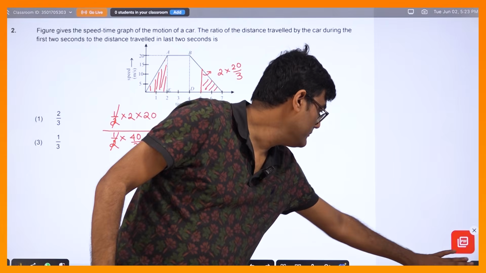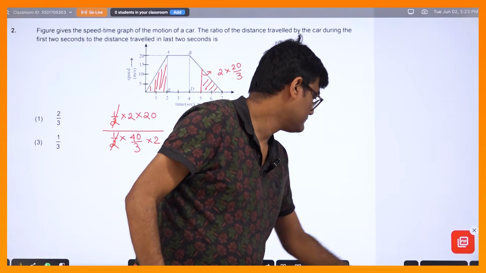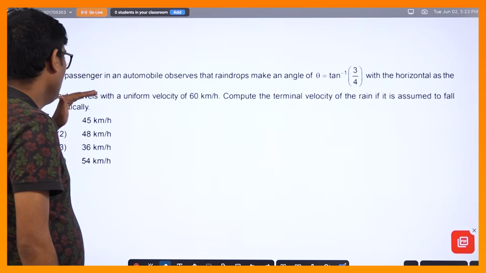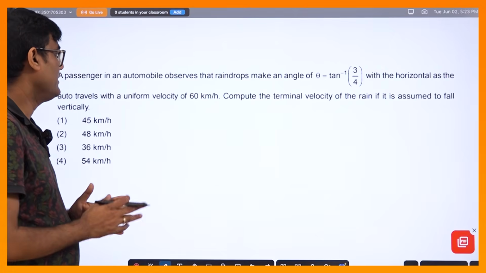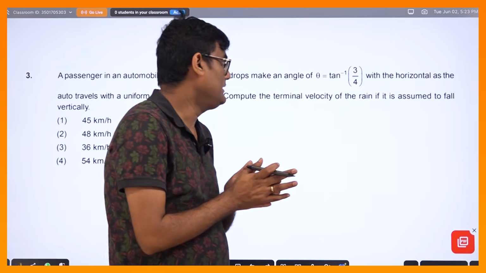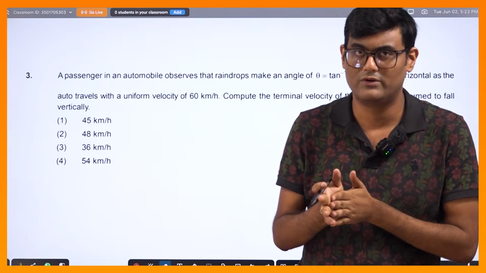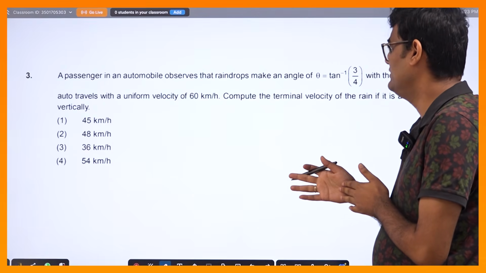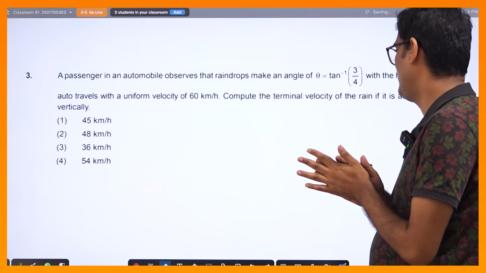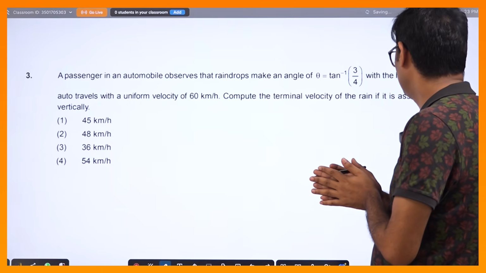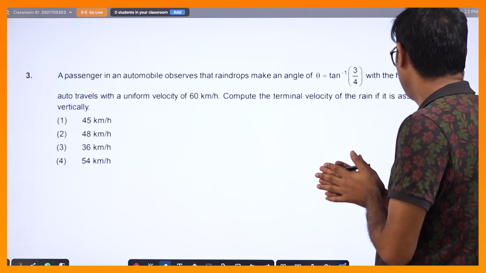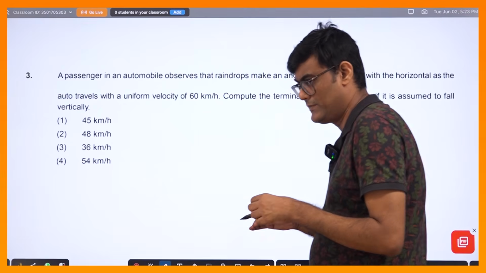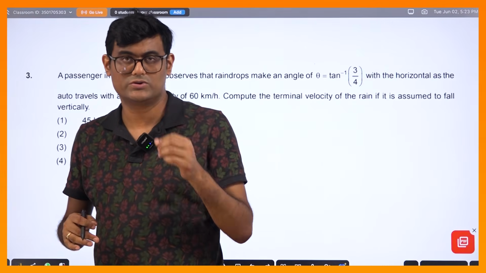Let's move to the third one. A passenger observes that a raindrop makes an angle tan inverse 3 by 4 with horizontal, as the auto travels with 60 km per hour. What is the terminal velocity of the rain if it is assumed to fall vertically? This is a question on relative motion.